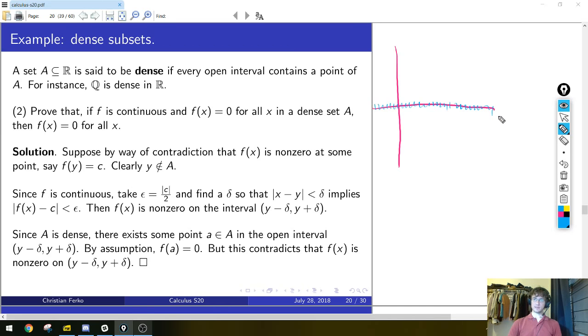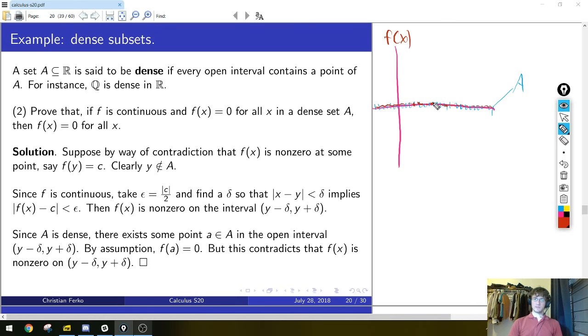So here's a dense set, which I'm trying to draw just by drawing a lot of vertical lines. So roughly speaking, if a function has to be 0 on all of these infinitely many points, roughly we think the only way for that to happen is if the function is 0 everywhere.